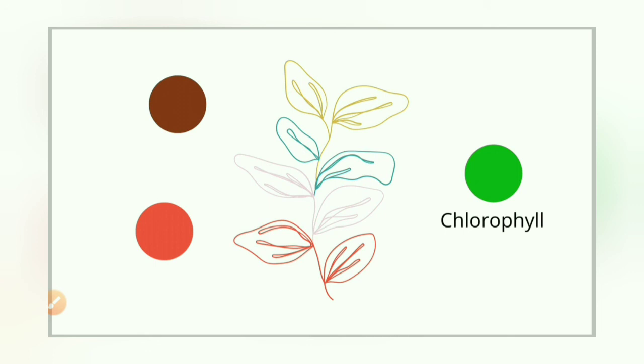Now there are many trees that have leaves which are not green in color. You might have seen trees having yellow, red, or brown colored leaves. This is not because these trees don't have chlorophyll or don't produce their food. They do produce their food. They also have chlorophyll in their leaves, but the amount of green pigment is less compared to the other pigments, which are red or brown.